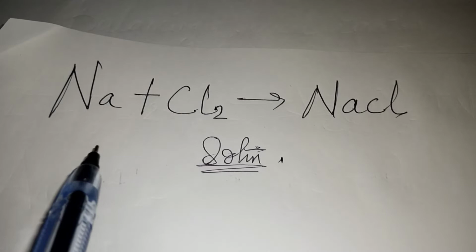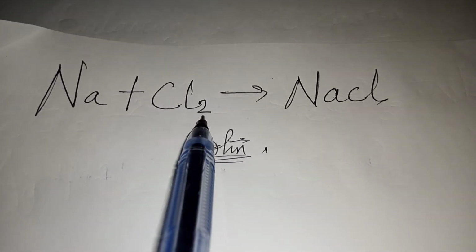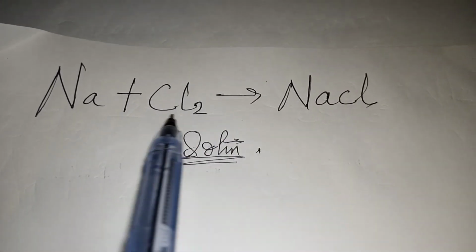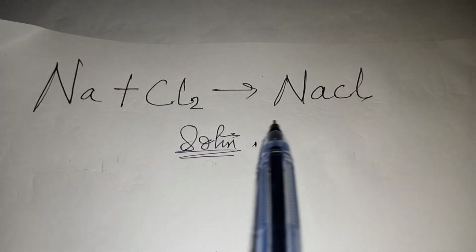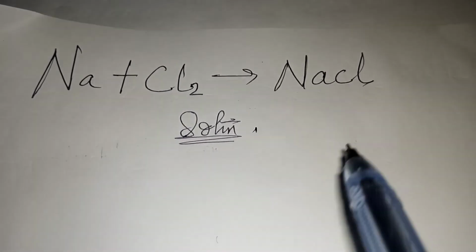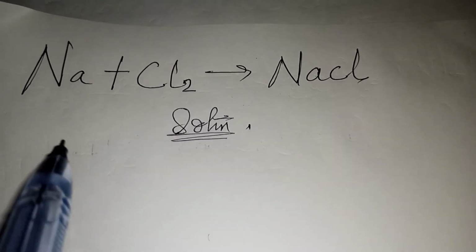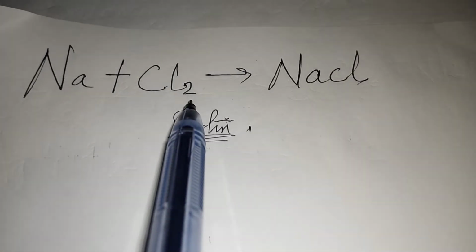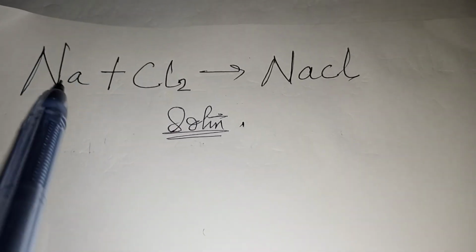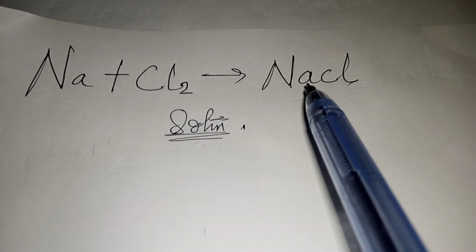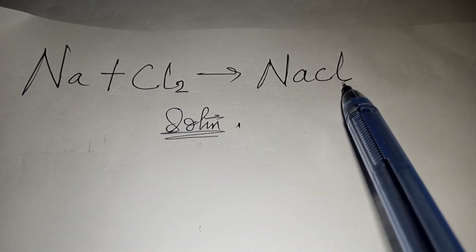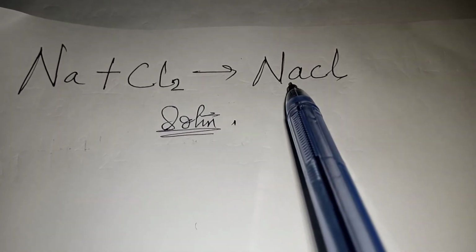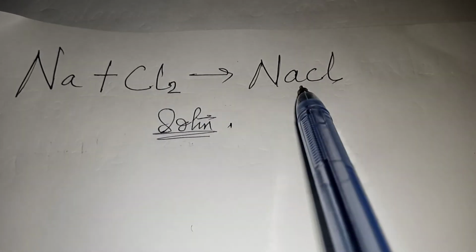We have an atom of sodium and 2 atoms of chlorine reacting together, which are the reactants, and this is the product, sodium chloride, which is the common salt we use. But you can see that here we have 2 atoms of chlorine, and here is just 1 atom of chlorine, and 1 atom of sodium. You can see that the equation is not balanced.